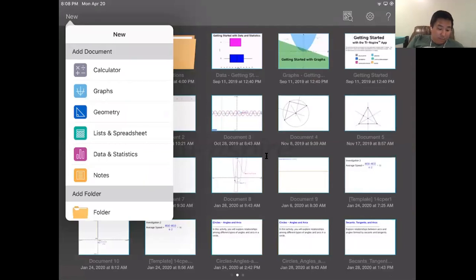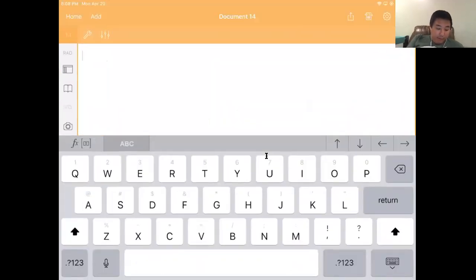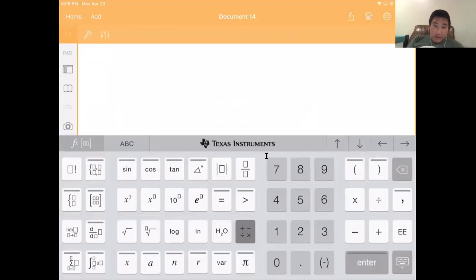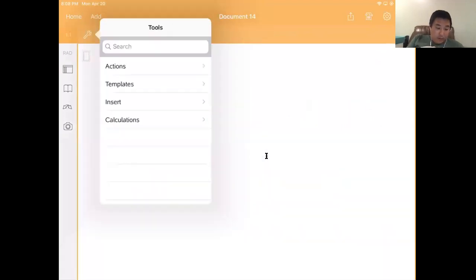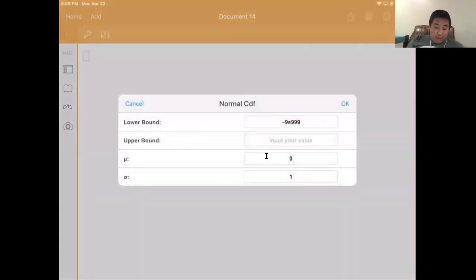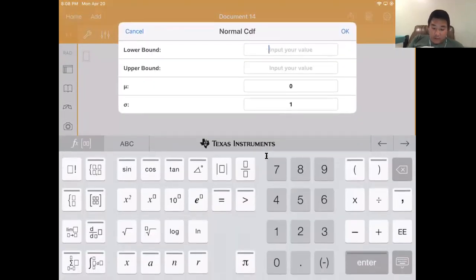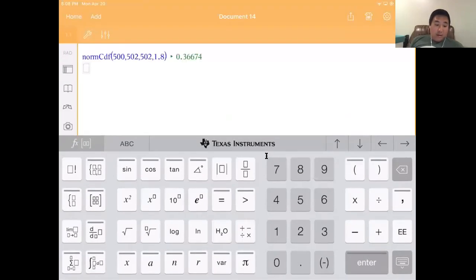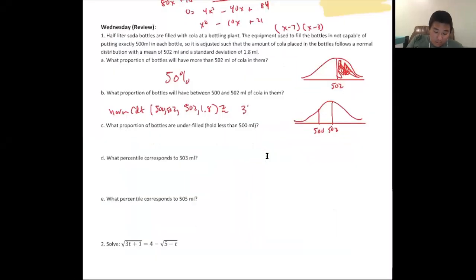I'm going to go to the notes page, and if you go to this func f of x, hit this button here. That is the math box, and then I'm going to go to wrench, calculations, probability, distributions, normal CDF. My lower bound was 500, upper bound was 502, mean was 502, and the standard deviation was 1.8. Hit OK. Ooh, I was off. 36.7%.